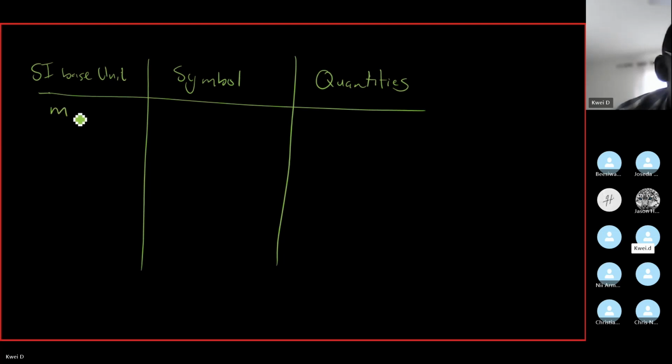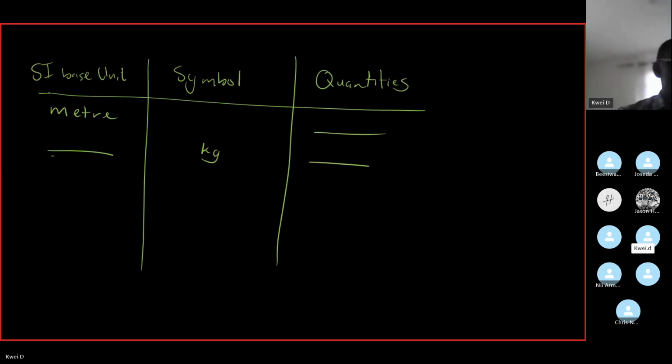If I put meter here, you should be able to tell me the symbol and the quantity. If I put kg here, you should be able to tell me the SI base unit name and the quantity. So let's try and see.